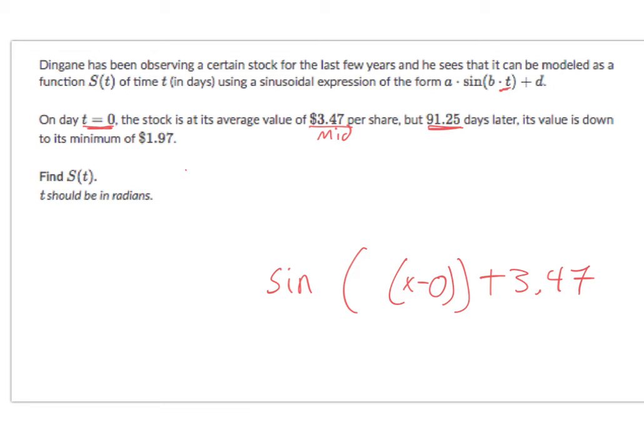And then we're told that 91.25 days later, the value is down to its minimum. So we've gone from a midline, and then it goes down to its minimum 91.25 days later.